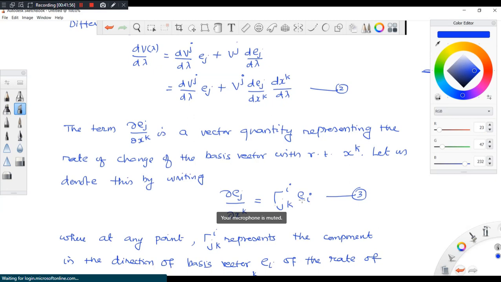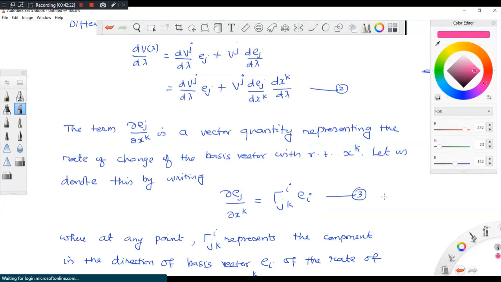The left side is the rate of change of the vector with respect to xk, and I am writing it in this form. Because this is a vector, it will have components in the basis directions: in the E1 direction there is a component, in E2 direction a component, in En direction a component.